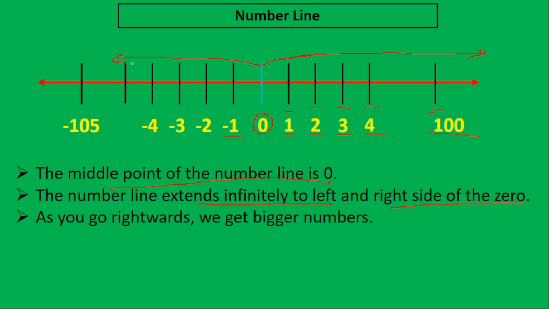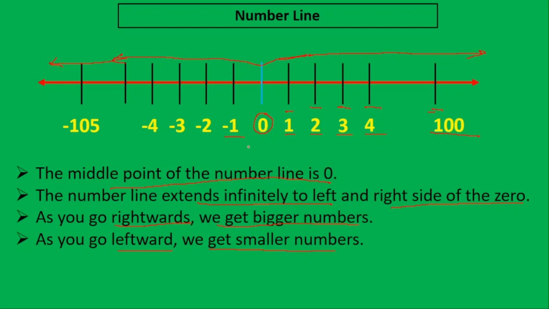Left, smaller. As you go leftward, numbers will decrease. Very simple concept. Always visualize. Rightward bigger, leftward smaller. Visualize this. It will help you lifelong if you are interested in studies and job.